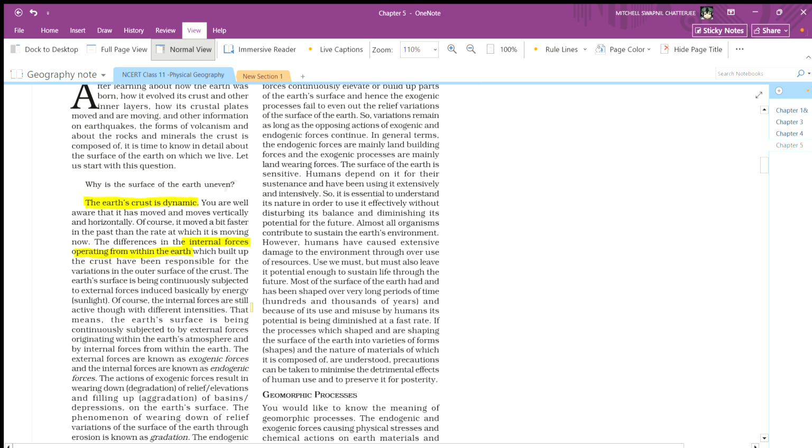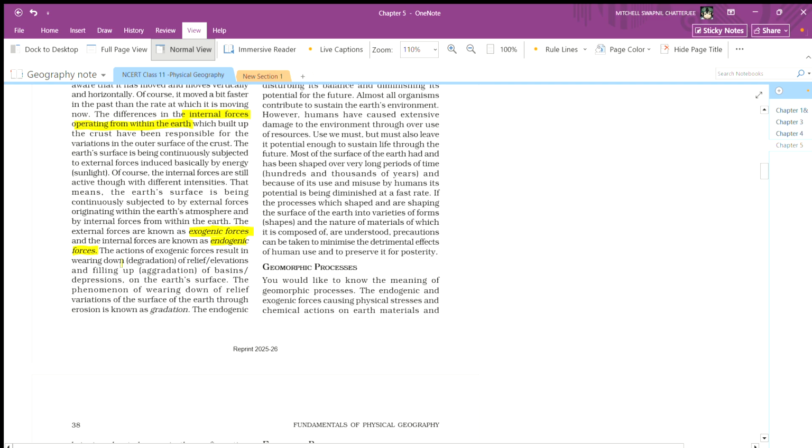That means the Earth's surface is continuously subjected to external forces originating within the Earth's atmosphere and to internal forces within the Earth. The external forces are known as exogenic forces, and the internal forces are known as endogenic forces.